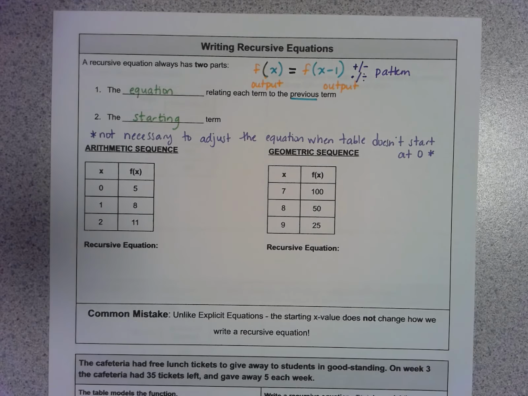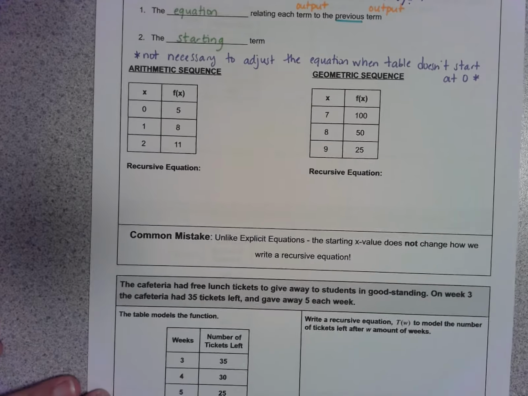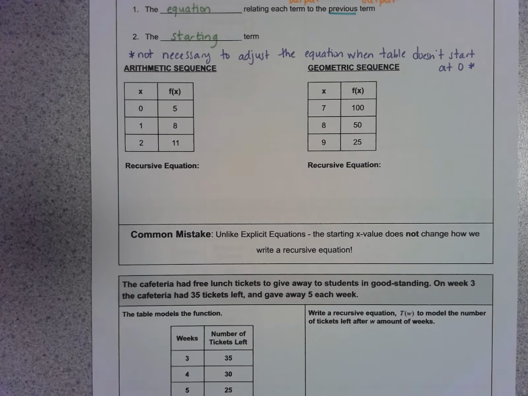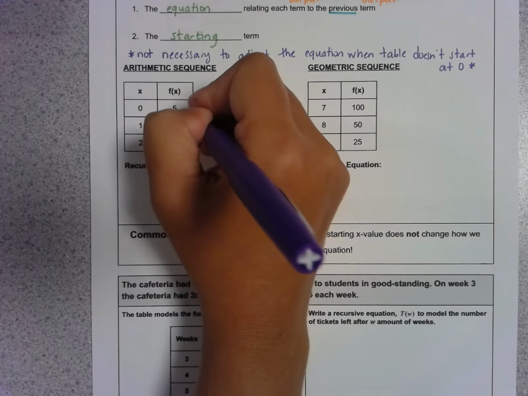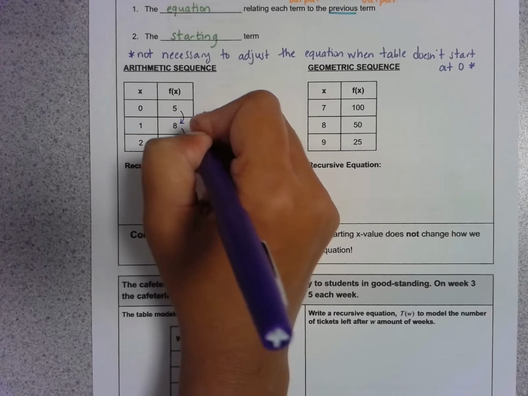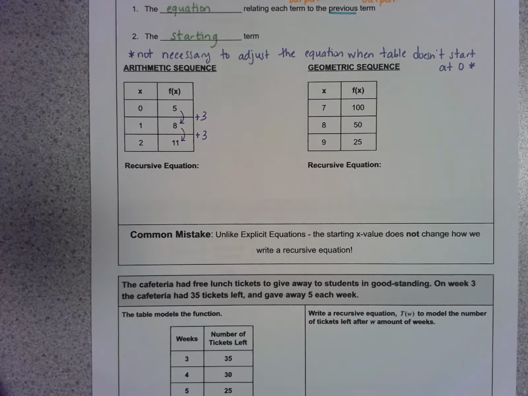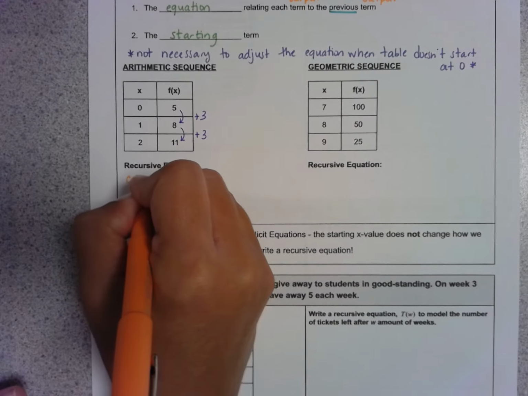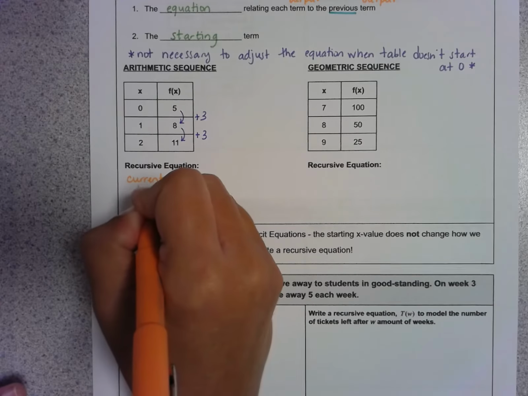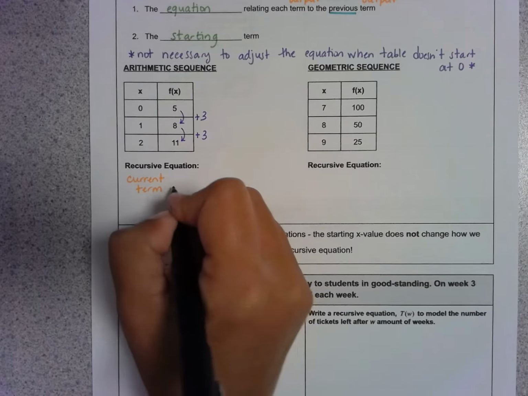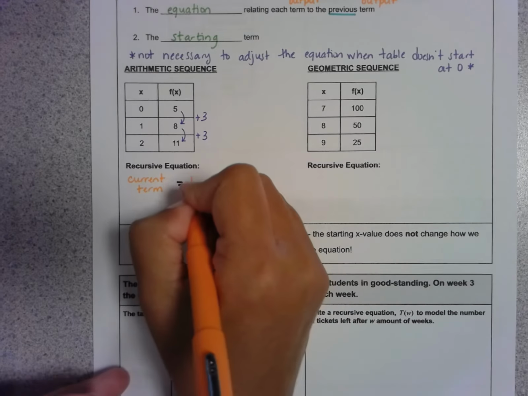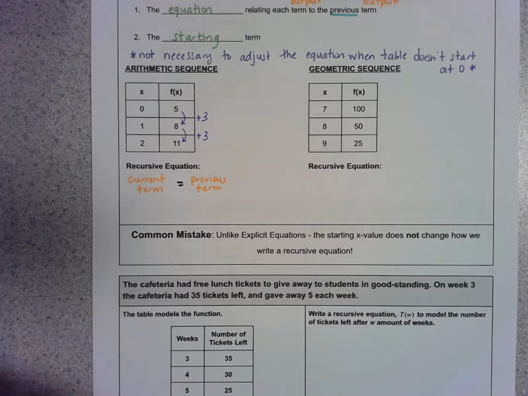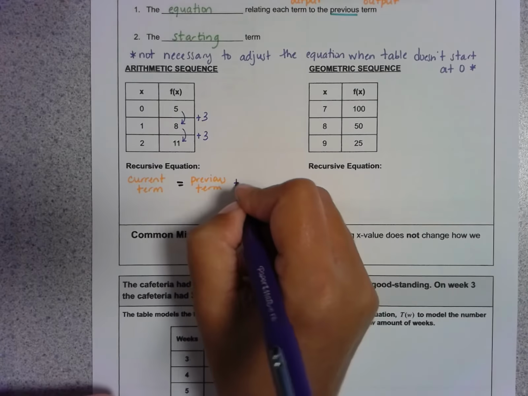So here's how we might do this. With an arithmetic sequence, for example, if I saw a table that said 0, 1, 2, and then 5, 8, 11, the first thing I'm going to do is look for my pattern. My pattern here seems to be that I'm adding 3 each time. So for my recursive equation, if I were to say it with words, I could say that the current term is equal to the previous term plus 3.